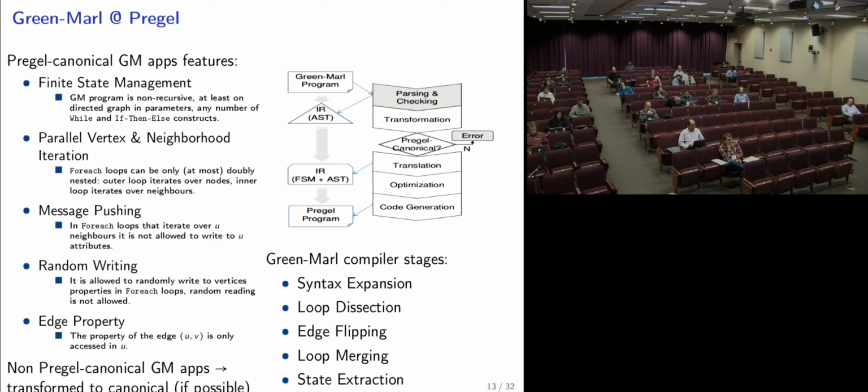But not every Green-Marl program can be translated to Pregel, and there are Pregel canonical applications which have defined features which allow them to be translated to such a finite state machine representation.